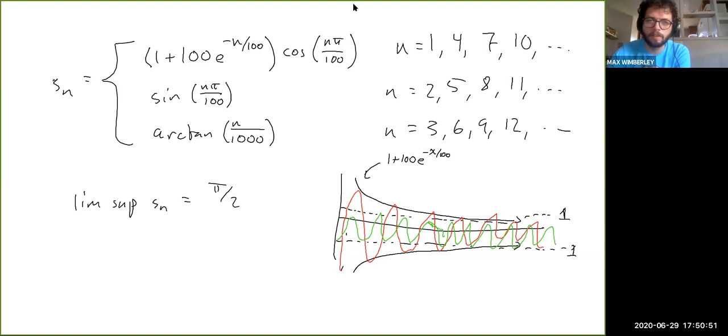And then the last thing is arctangent, which literally just goes from negative pi over 2 at negative infinity to pi over 2 at positive infinity. So pi over 2 is approximately 1.5. Well, it's very out of scale. Also, this crossing happens way further down here, but it doesn't matter.